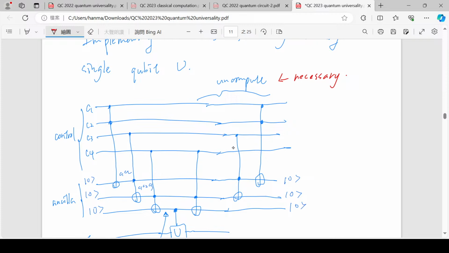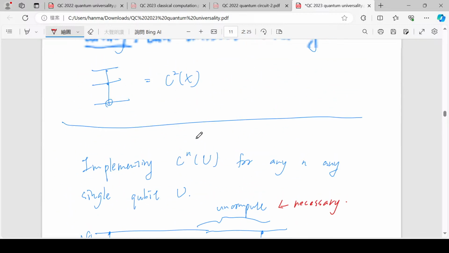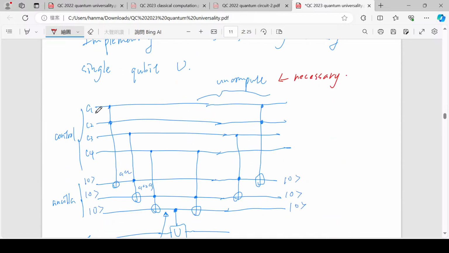If you don't do the uncompute, then this is not the gate you think you want to do. Because if you don't do uncomputation, then you are very likely left with entanglement between the control and the ancilla.